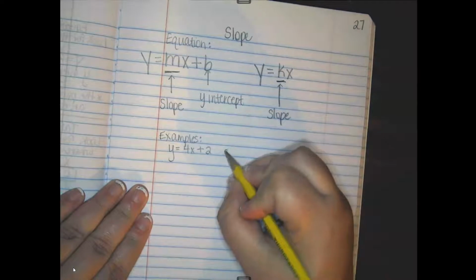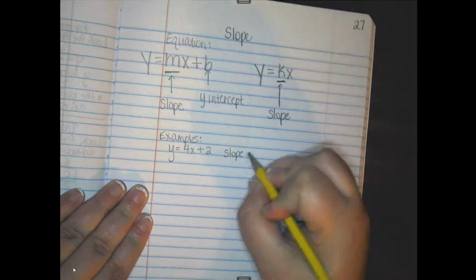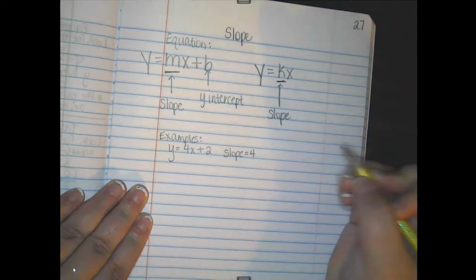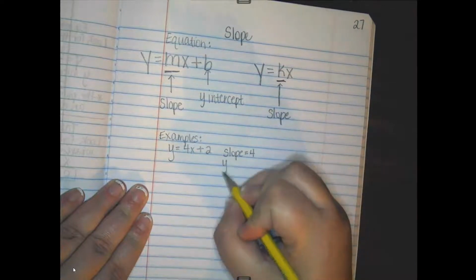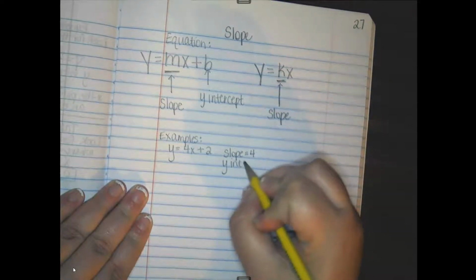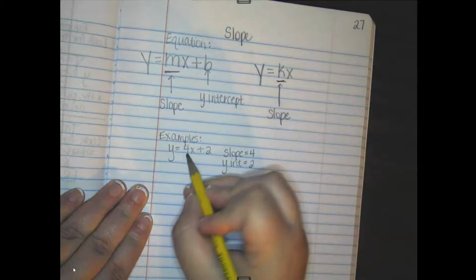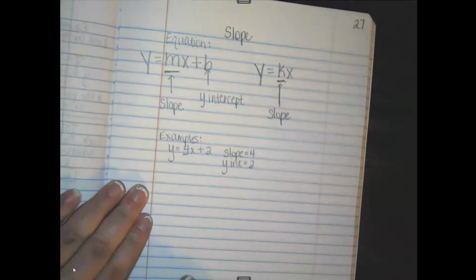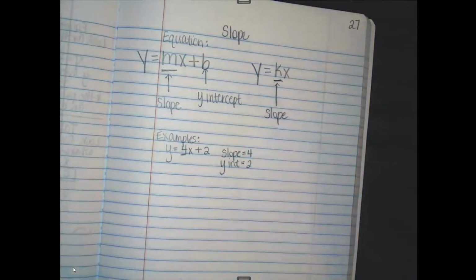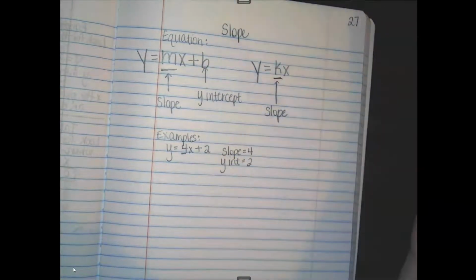My slope equals 4. And my y-intercept equals 2. My 4 here is my slope because it's in the m spot. And that plus 2 is my y-intercept like we talked about yesterday.